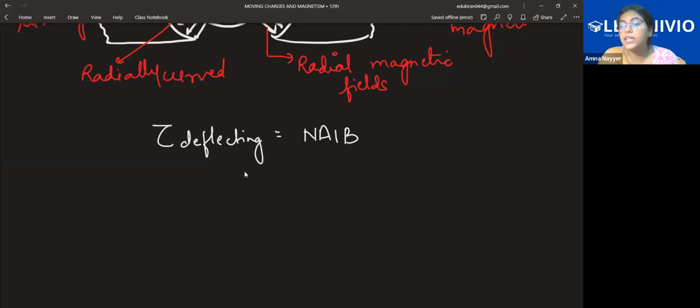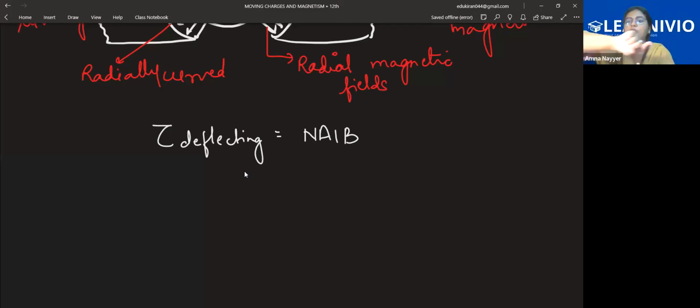Then we have the restoring torque. One more torque we have, which is the restoring torque. What is the restoring torque? For equilibrium, we have always seen that if one torque rotates the device, then another torque is present to align it back.